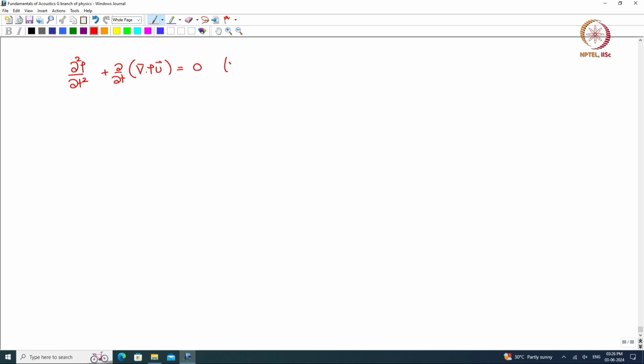I'll number it as 7. And then del dotted with rho del u by del t is equal to minus del square of p, that I will call 8.